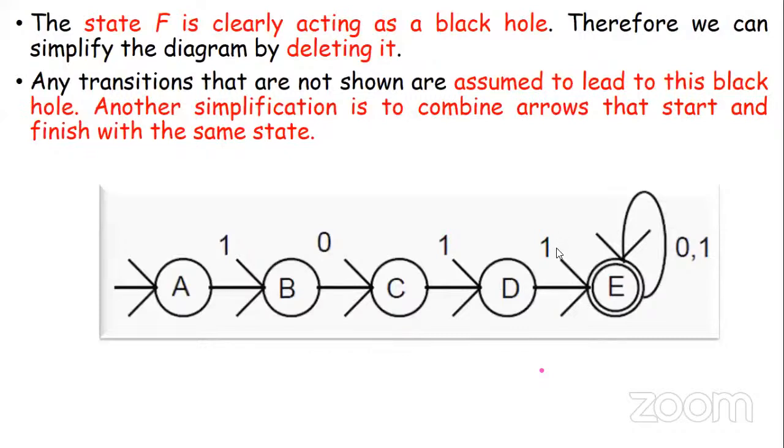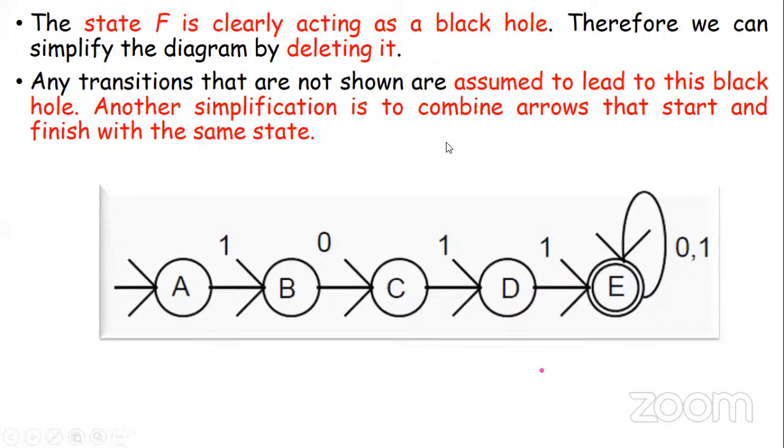So when I say you should draw a diagram for an FSA, you could draw it in this manner, introducing the black hole, and then go ahead to delete the black hole eventually. It depends on what is needed or the instruction given.